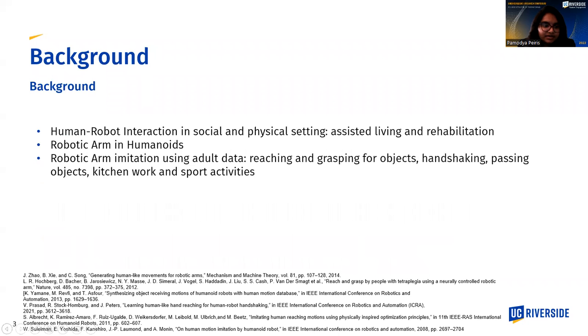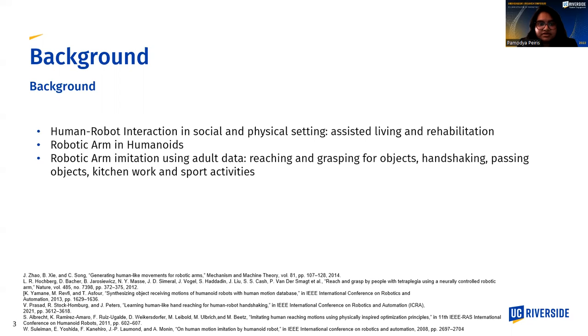And then to begin, for background, this is mainly used in human-robot interaction, which is a communication between the human and the robot. Currently, it's established in social and physical settings to assist the human and in rehabilitation. Humanoids are robots that look similar to humans, and as you probably know, there are 2 robotic arms for each.